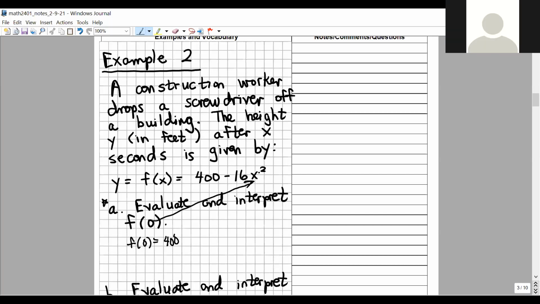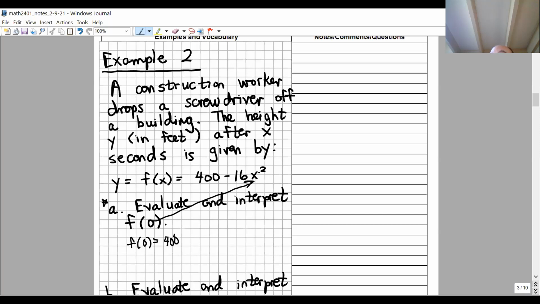The building is 400 feet tall. Yeah, Van, that's correct, right? Because it's going to be 400 feet when the seconds is 0. When the seconds is 0, that means right when the construction worker releases the screwdriver. When time is 0, that's when the construction worker initially releases it.